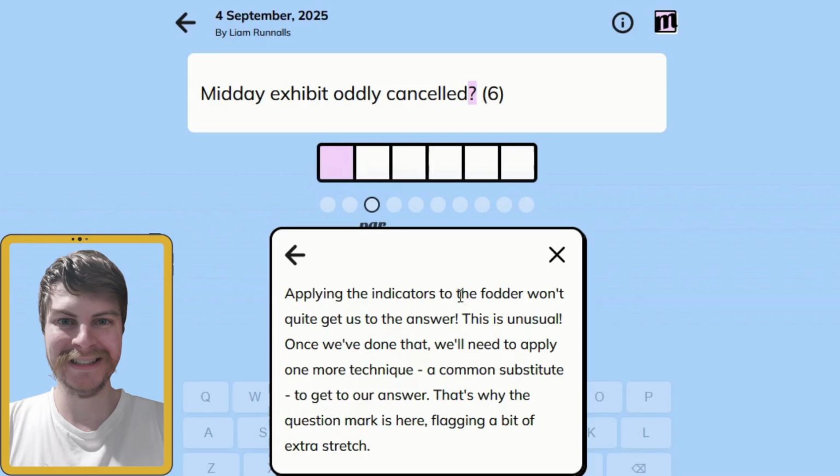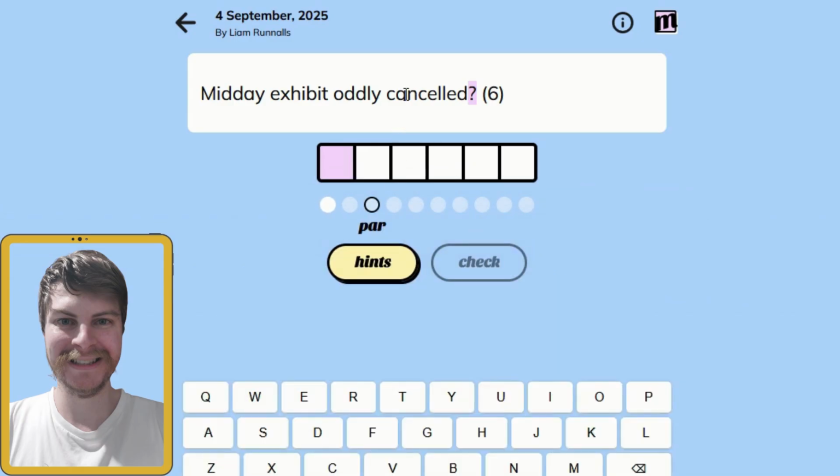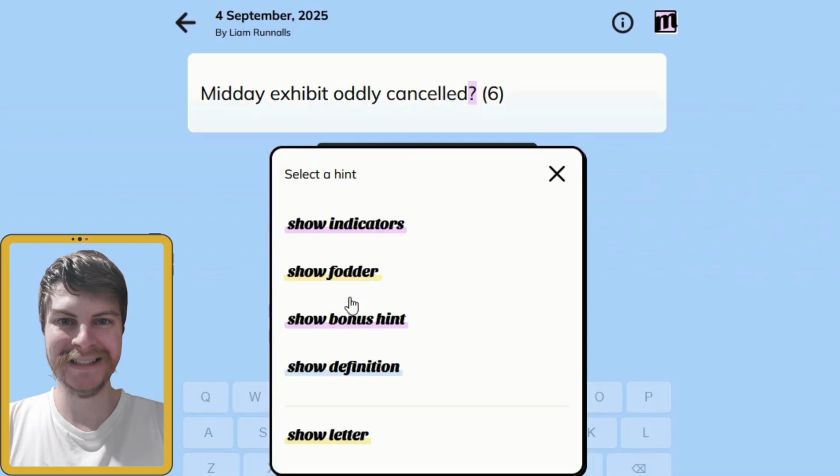Applying the indicators to the fodder won't quite get us the answer. This is unusual. Once we have done that, we need to apply one more technique, a common substitute. Okay, so we've got a substitute. So maybe I do need to know what the fodder is so I can do the substitution.